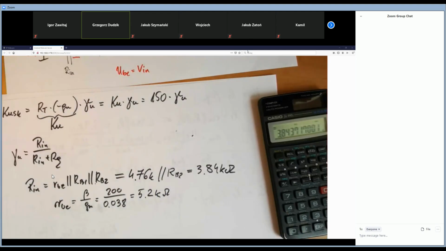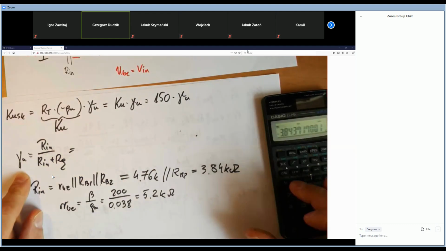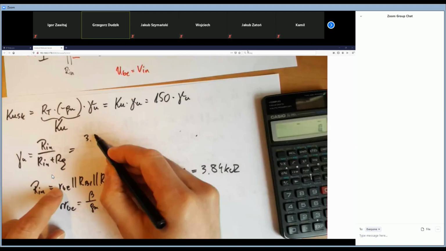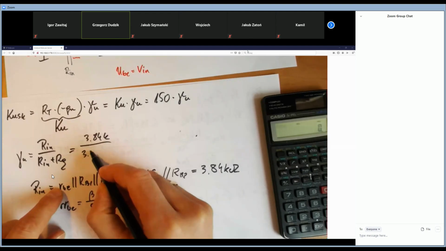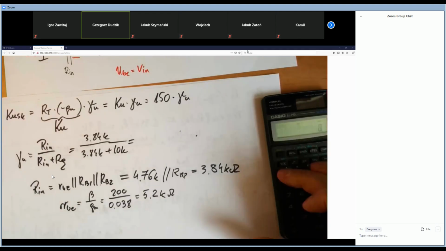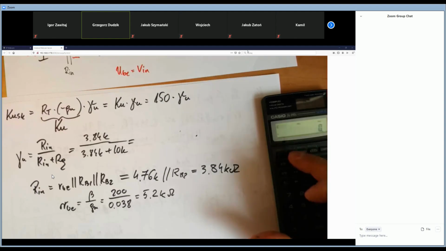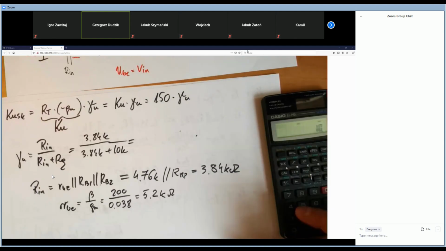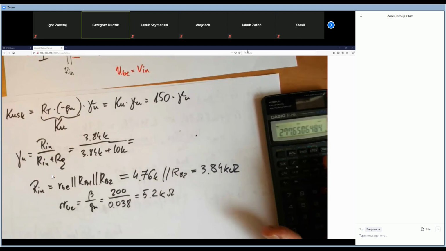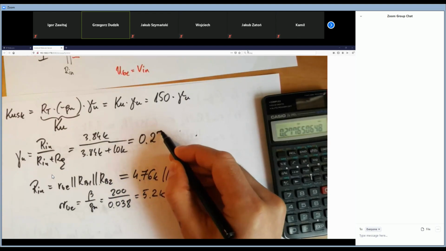So now we can calculate the gamma U. It will be equal to 3.84K over 3.84K plus 10K. As you see, the gamma U is 0.28 around.